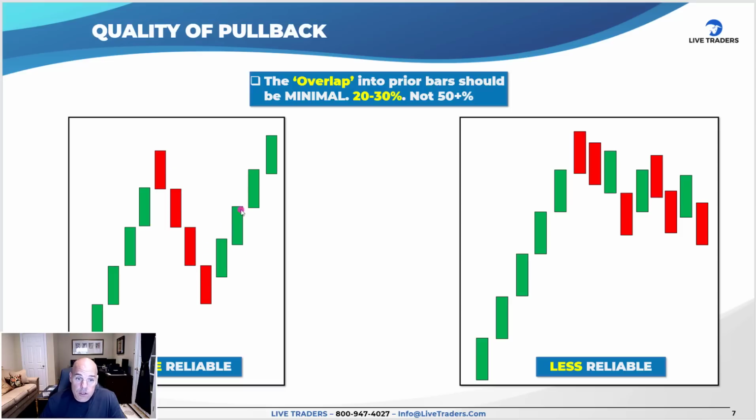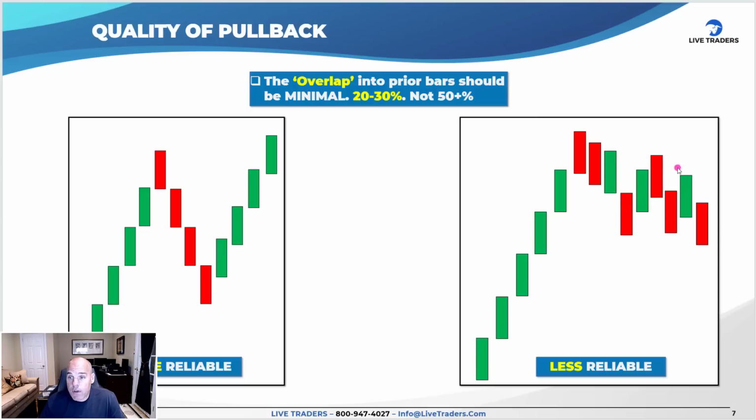When the buyers do come back, there are very few sellers to sell into, right? On the right, the buyers put up a big fight, and the sellers still won. That's a problem.